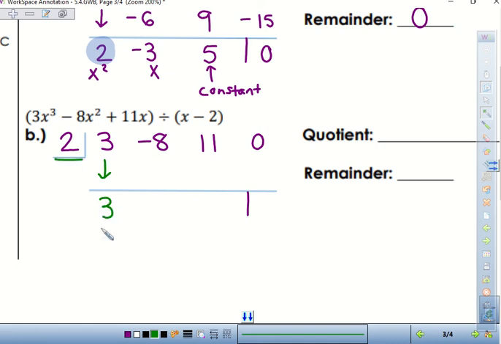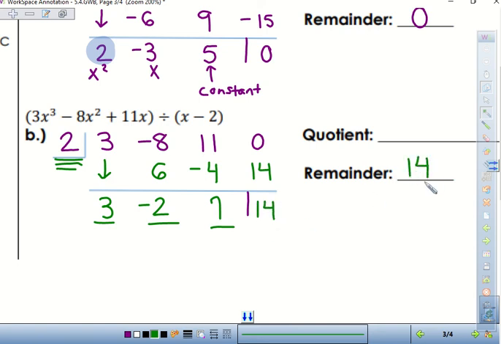You're going to multiply 2 times 3, combine, multiply, combine, multiply, combine. So our remainder is 14.